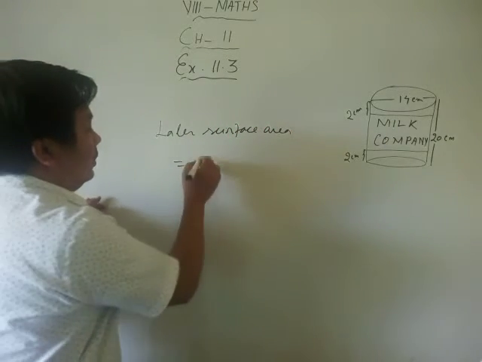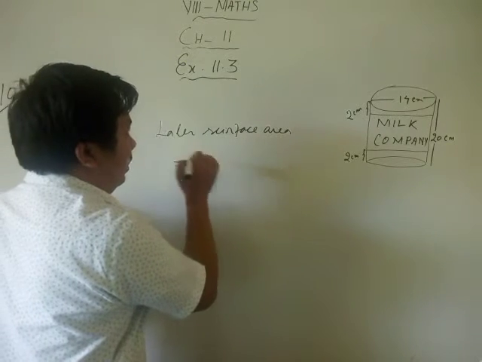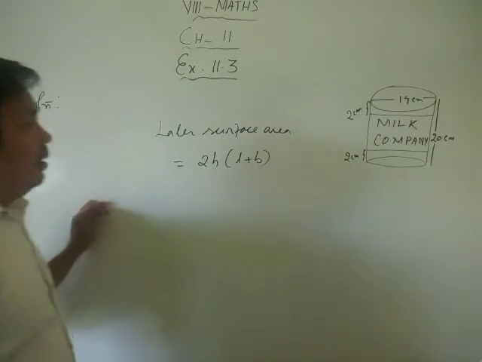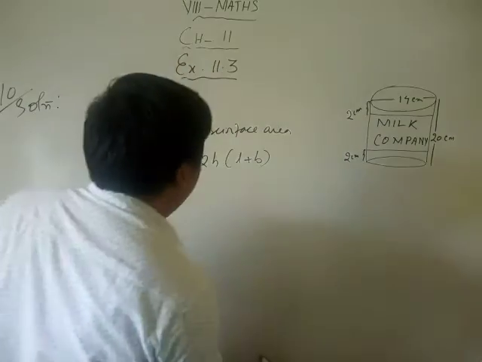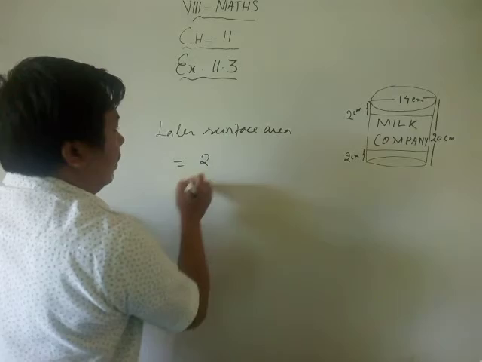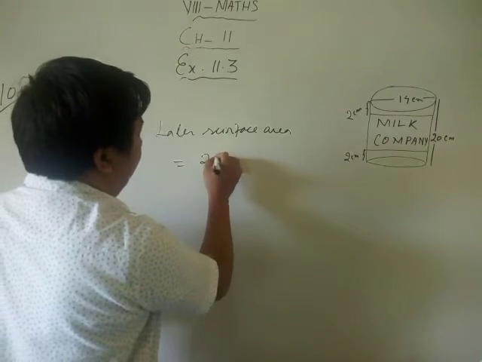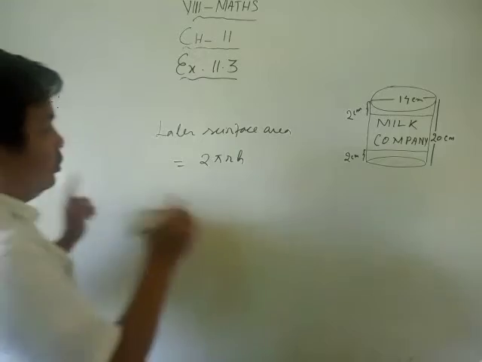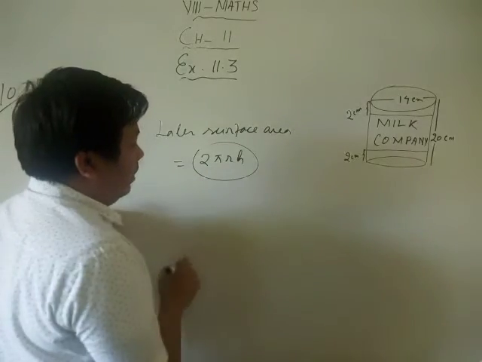How much is that? Twice h into l plus b. Wait, this is for cuboid. For cylinder, it is twice pi r h, isn't it? Yes. So this is the formula to find it.